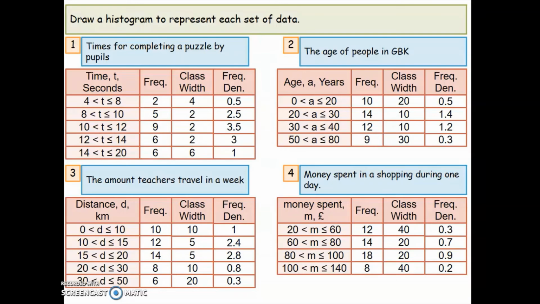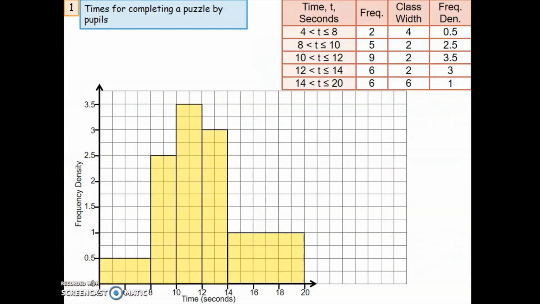Okay, welcome back if you paused the video. Okay, for question 1, you can see the data in the top right of the screen here. I added class width, I calculated frequency density, I've used frequency density up the vertical axis, I've labeled my axes, very important that we're labeling the variables on the axes, frequency density always being on the y-axis.